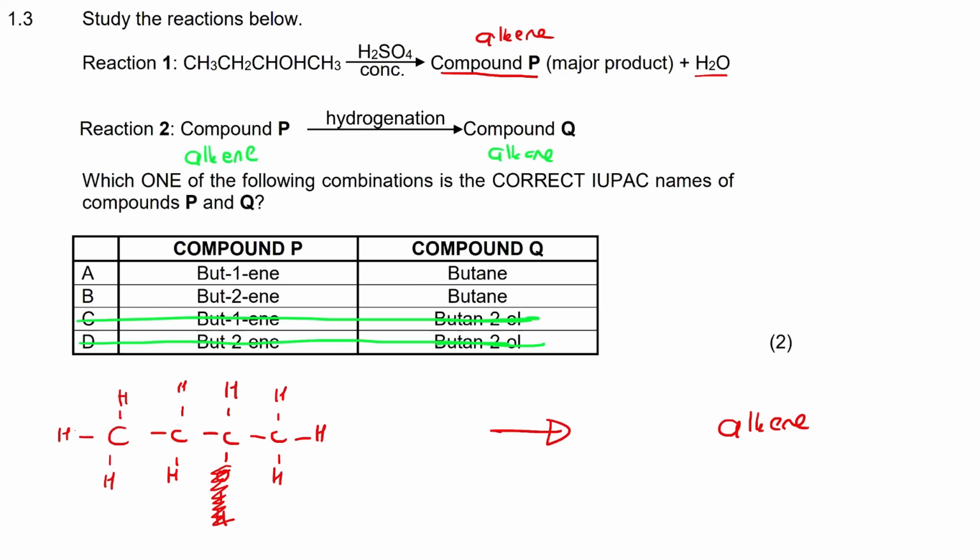Now we're going to have to use Zaitsev's rule to figure out whether we're going to lose the hydrogen from this carbon or whether we're going to lose the hydrogen from this carbon, so that we can either make the double bond there or the double bond there. It's very important. So we're going to use Zaitsev's rule to figure out the major product.